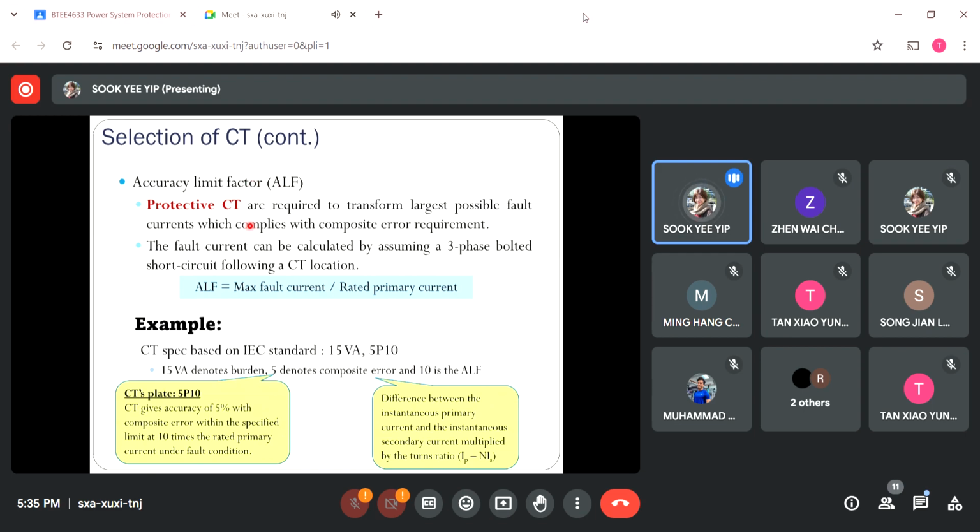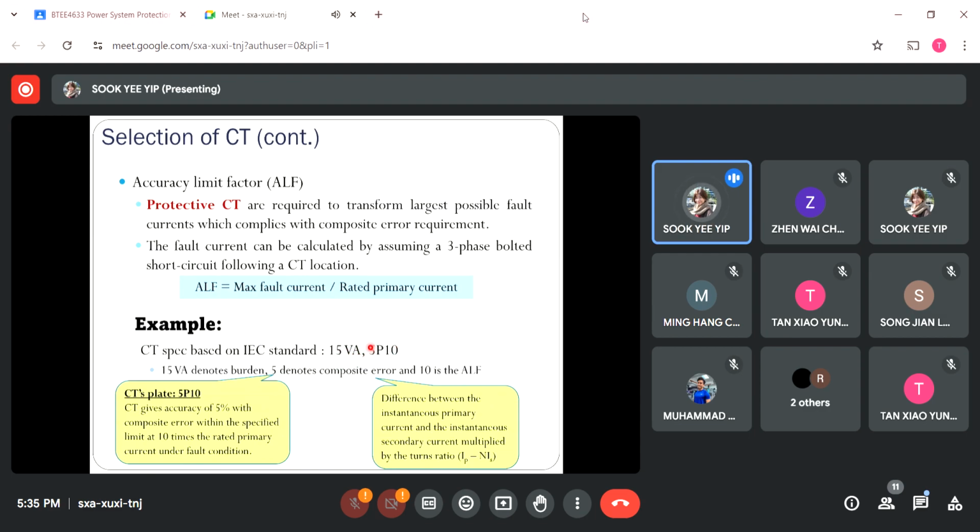All right, so let's check out this example. How we can read the spec of the current transformer, which is specified by IEC standards. Let's say it's written in this way: 50 volt-ampere, 5P10. From P, you know this is for protection class. So volt-ampere here, from this unit, you can tell this is actually the burden rating.